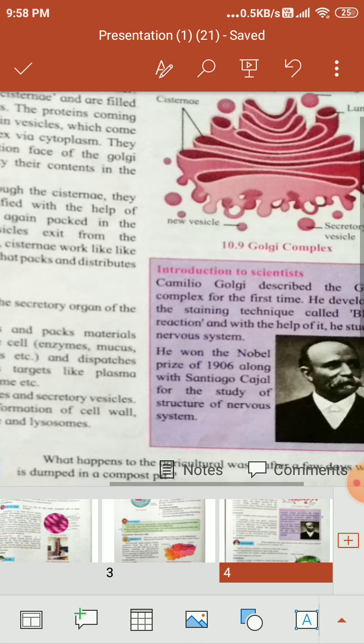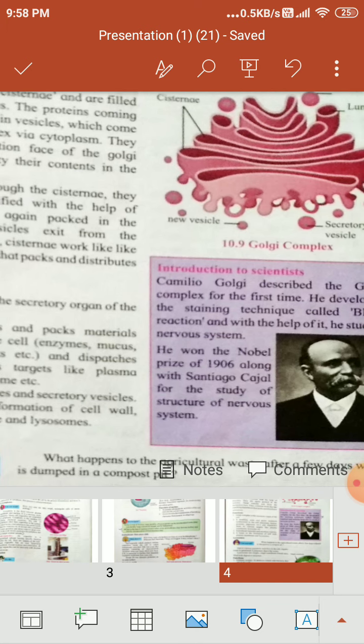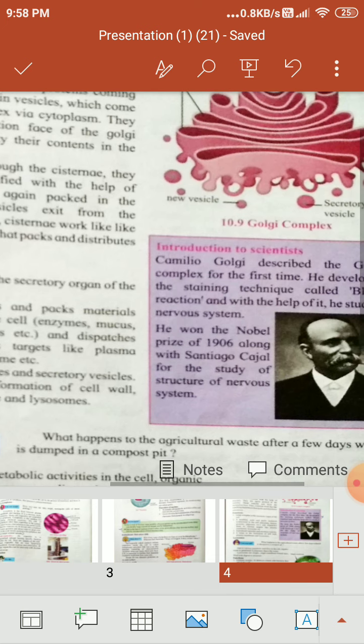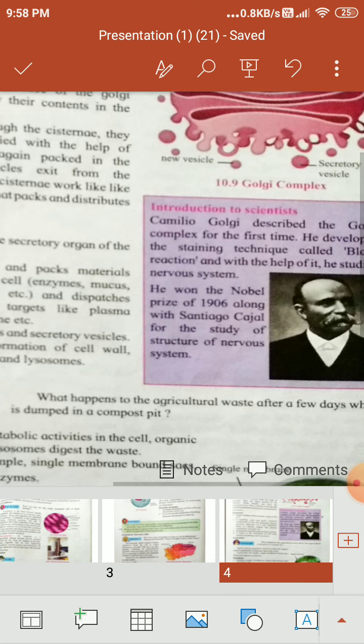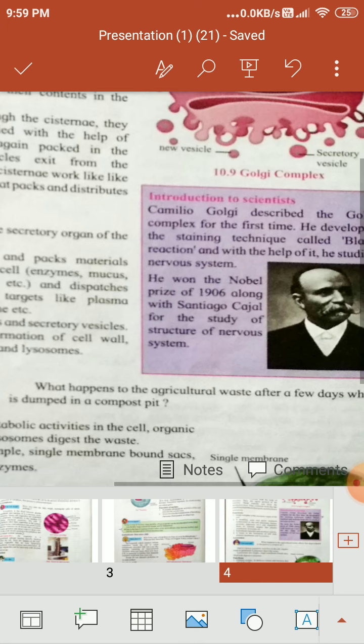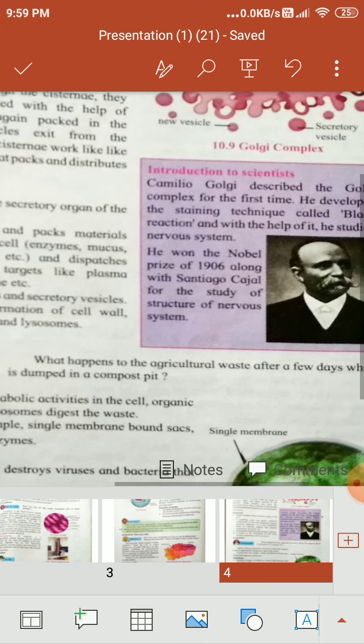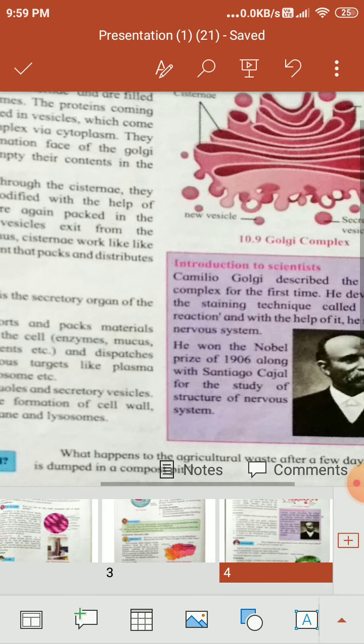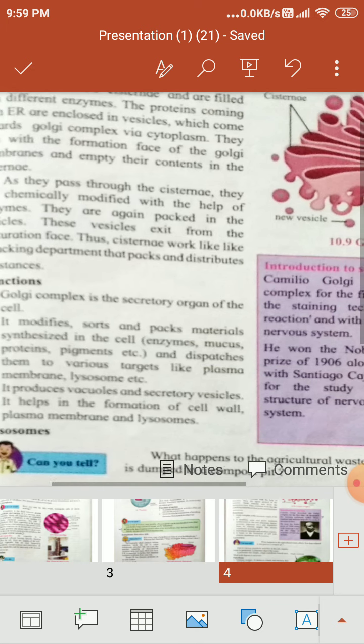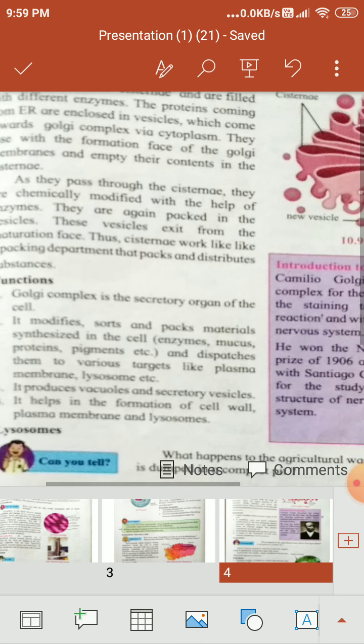Function: it is a secretory organ of the cell. It modifies, sorts and packs material, synthesizes enzymes, mucus, proteins and pigments, and dispatches them to various targets like the plasma membrane, lysosomes, etc. It produces vacuoles and secretory vesicles. It is also involved in the formation of the cell wall, plasma membrane and lysosomes.